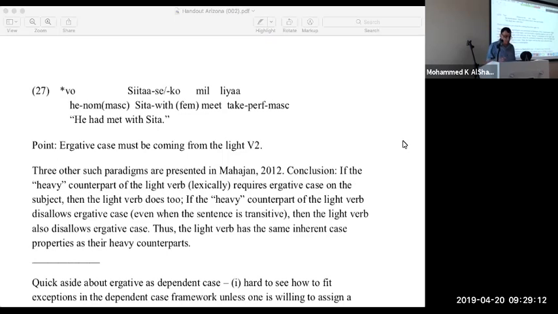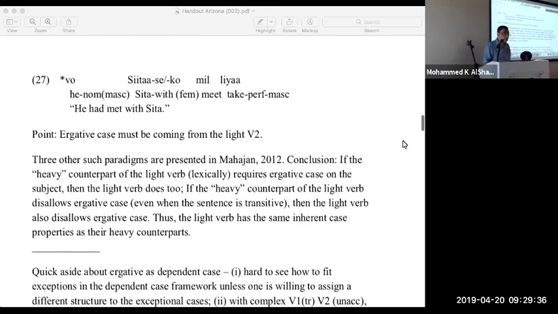The point again is very simple: it's the light verb that is involved in the assignment of ergative case, and therefore we should be building a system in which ergative case licensing is assigned to light verbs and not to heavy verbs, at least in complex predicate constructions.